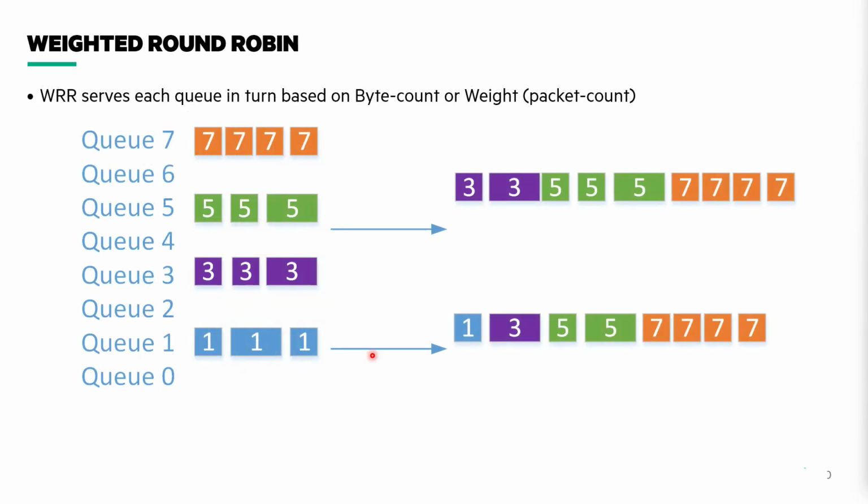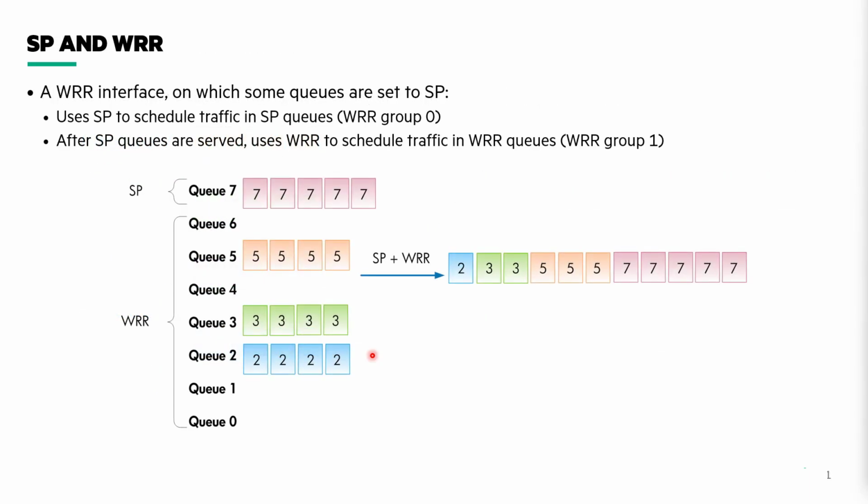Weighted round robin is I give each queue a weight, and then based on the weight I will set the number of buckets in that queue. That tends to be fairer to serving low priority queues, but I can also mix between strict priority and weighted round robin. So I give a certain value, the top queue 7 will always be served first, and for the rest I will use weighted round robin.